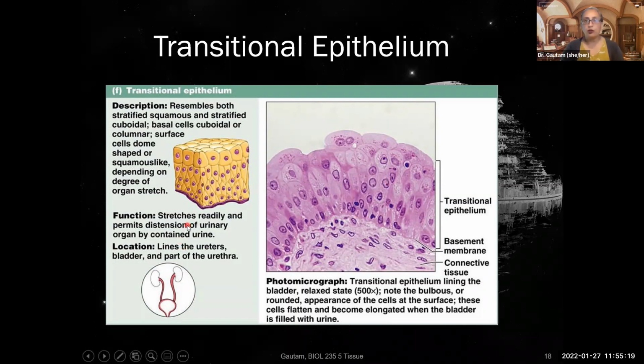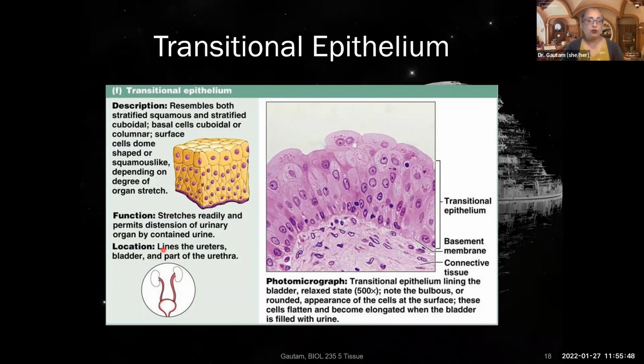So where would you need this kind of tissue that allows for distension? Wherever you're going to have organs that are used for storage. If you're going to use something for storage, it needs to be able to expand. So part of the ureters, which are these tubules that come out of the kidney that carry the urine towards the bladder, and then, of course, the bladder itself, and then the tube that carries the urine out, the urethra.